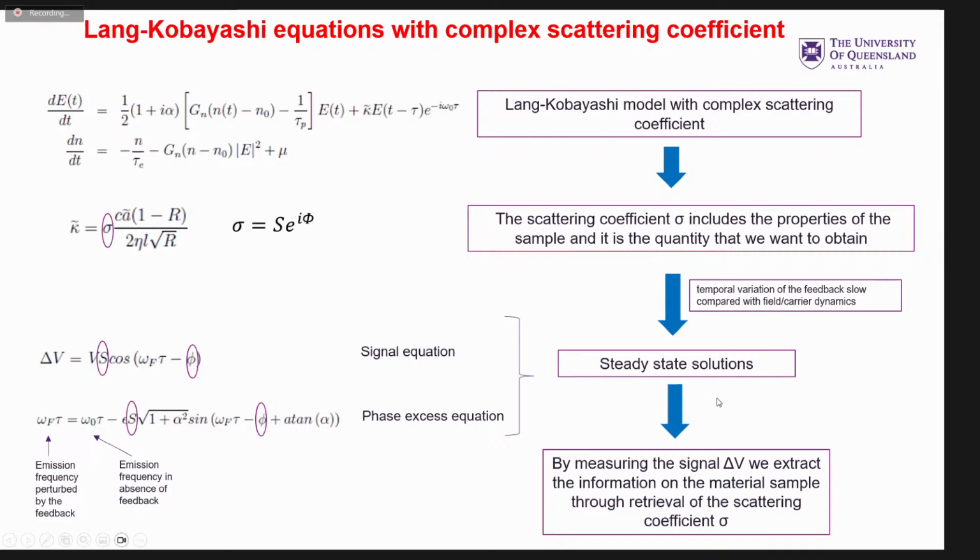In particular, we have a signal equation where delta V is the voltage signal across the laser terminals, and the phase excess equation, where the emission frequency perturbed by the feedback is related to the emission frequency in absence of feedback. Both these equations include the modulus and phase of the scattering coefficient, so that by measuring the signal, it is possible to extract the information of the scattering coefficient and then the dielectric permittivity.